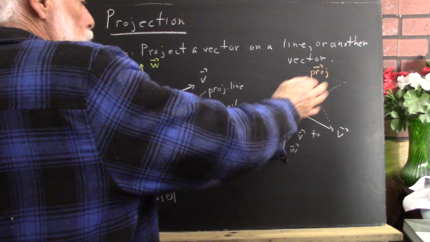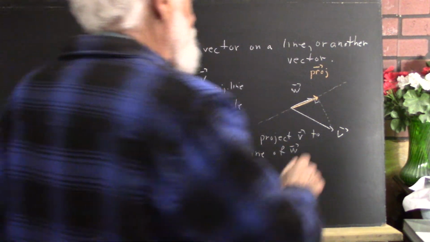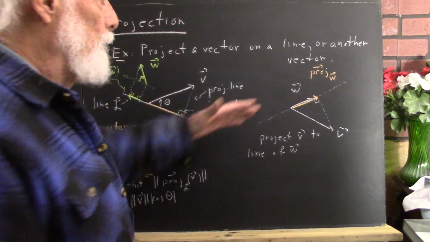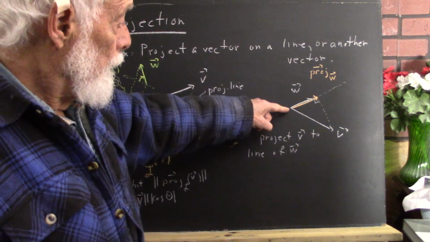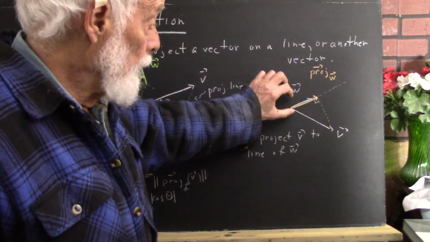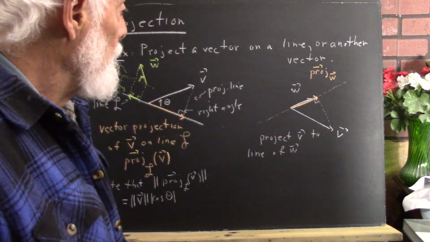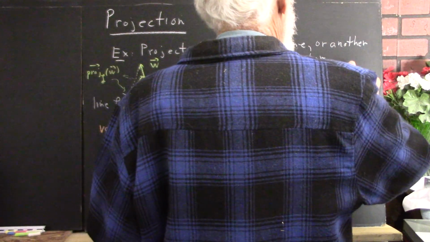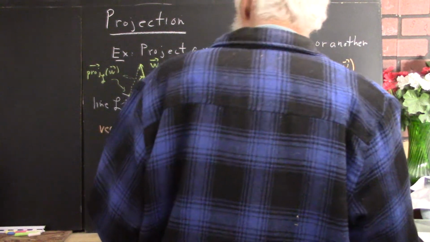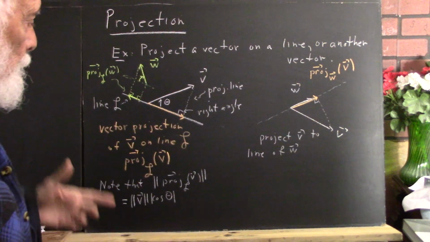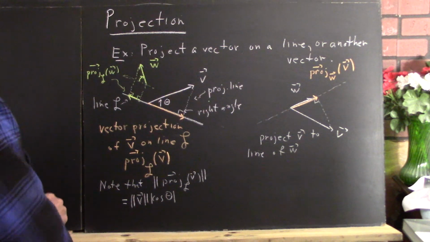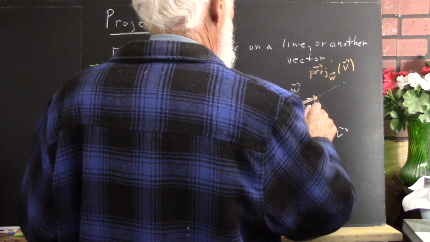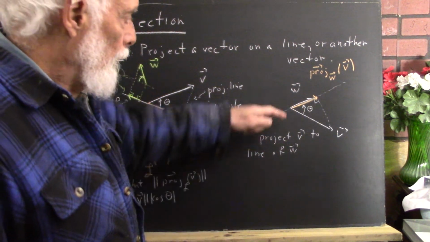And we get the projection again, but we don't call the line L, we just use W. The vector W defines the direction of the line, and the line goes through the root of V because W and V are joined at the root. Okay, the projection onto W of V. And again, the magnitude of that projection is just the magnitude of V times the cosine of theta.